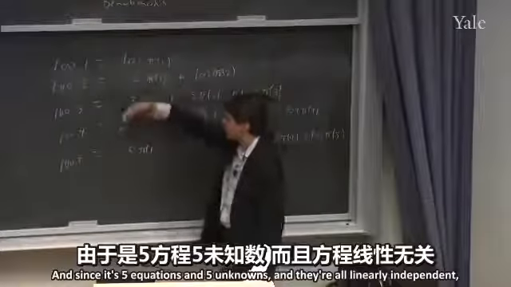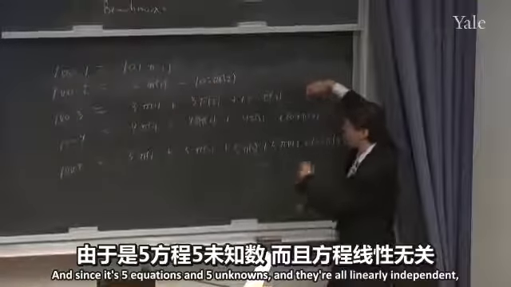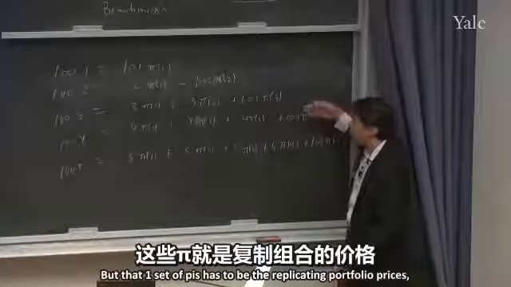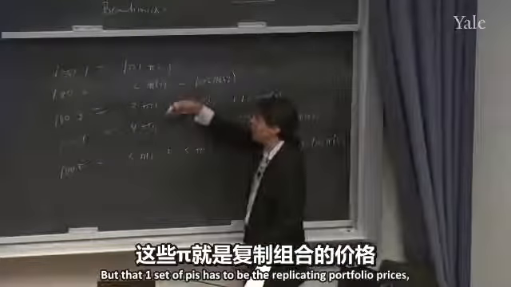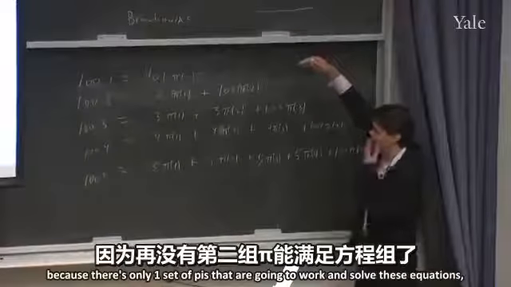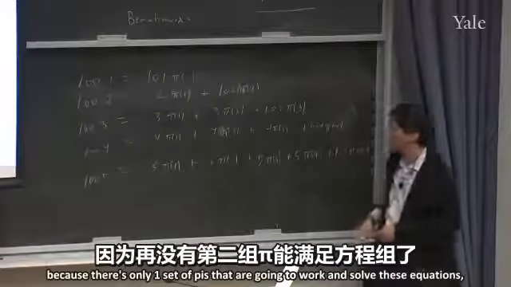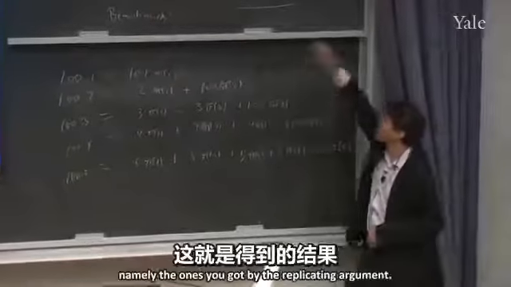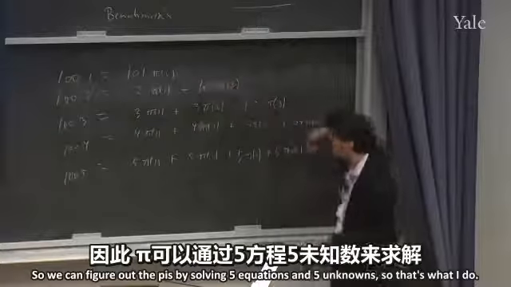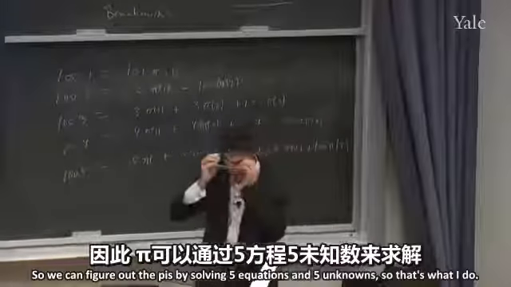Since it's 5 equations and 5 unknowns, and they're all linearly independent, it'll be a unique set of pi's that it'll calculate. But that one set of pi's has to be the replicating portfolio prices because there's only one set of pi's that are going to work and solve these equations, namely the ones you got by the replicating argument. So we can figure out the pi's by solving 5 equations and 5 unknowns.